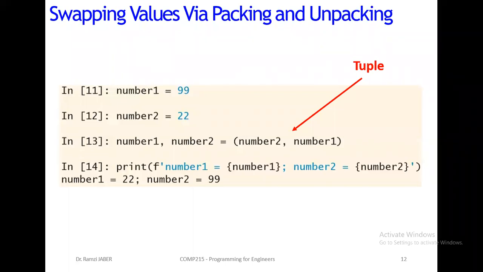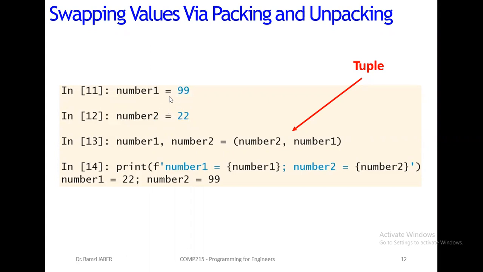Also, we have this advantage in Python: we can swap values via packing and unpacking statements. We don't have this in C or C++ or Java. Here is an example: number 1 is 99, number 2 is 22. I want to switch them. I want number 1 to be 22 and number 2 to be 99.